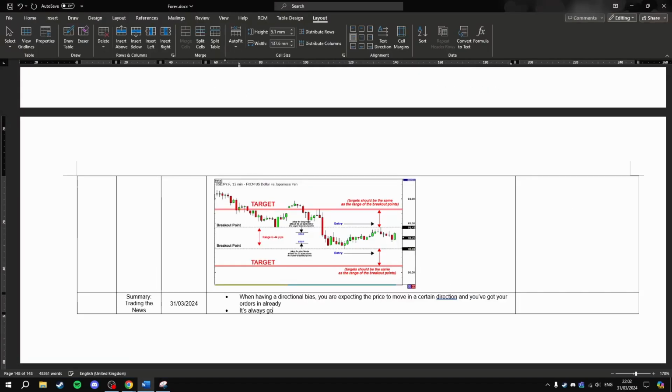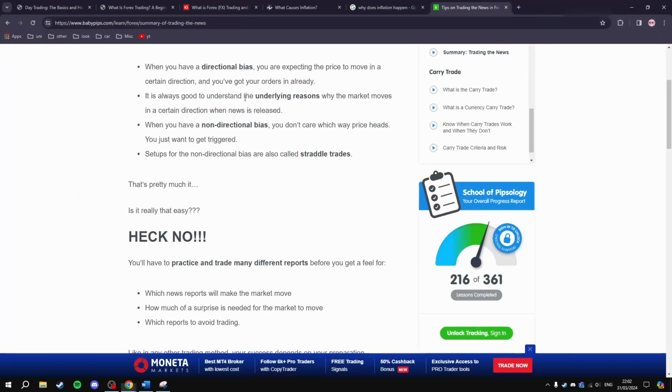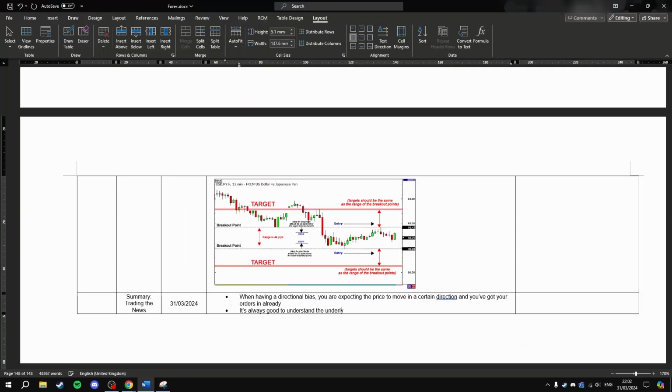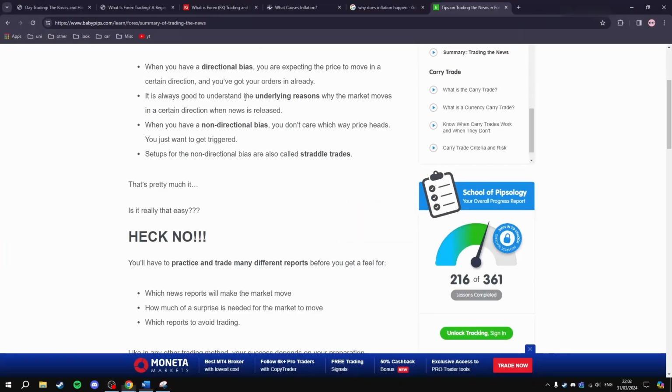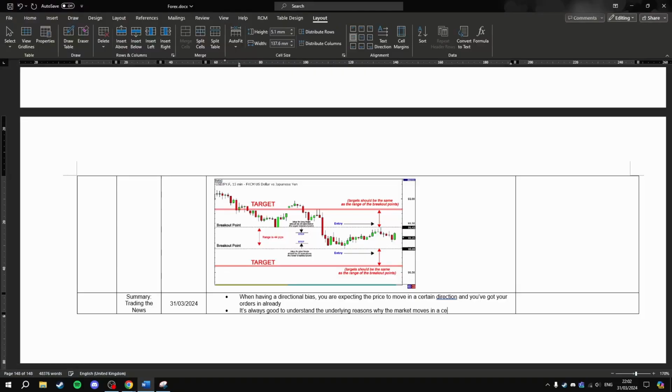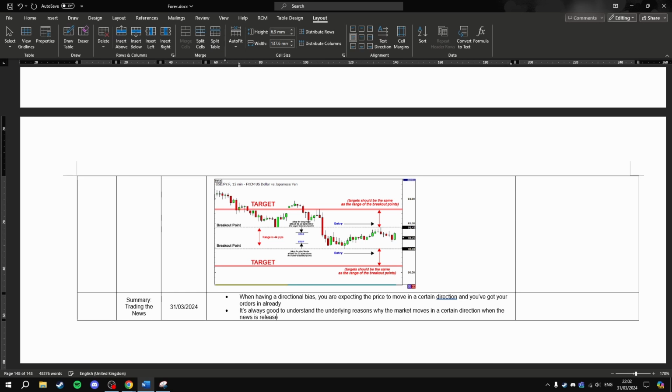It's always good to understand the underlying reasons why the market moves in a certain direction when the news is released.